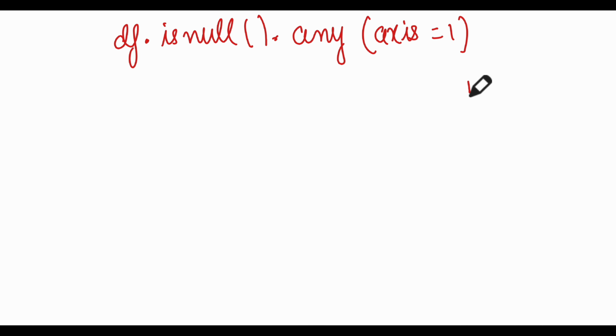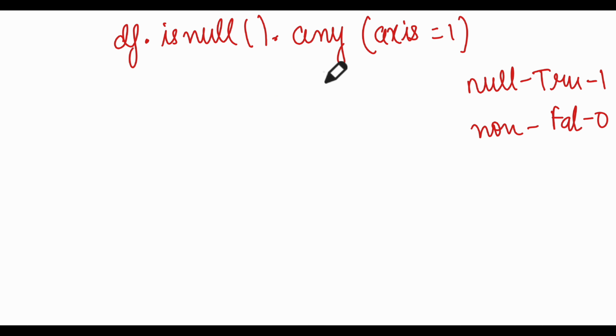If it is null, it means true, and if it is non-null, it means false. True means 1, false means 0. So when you say any with axis equal to 1, it will return all those rows which have at least 1.